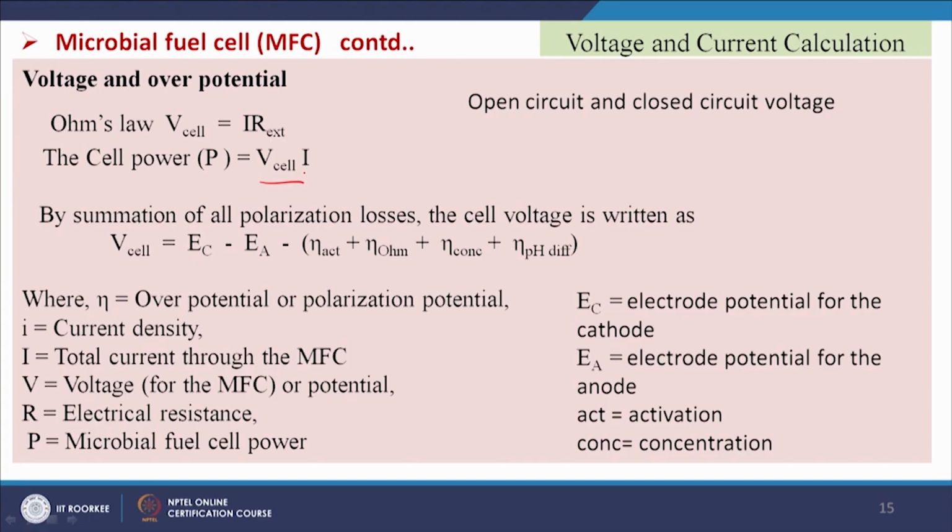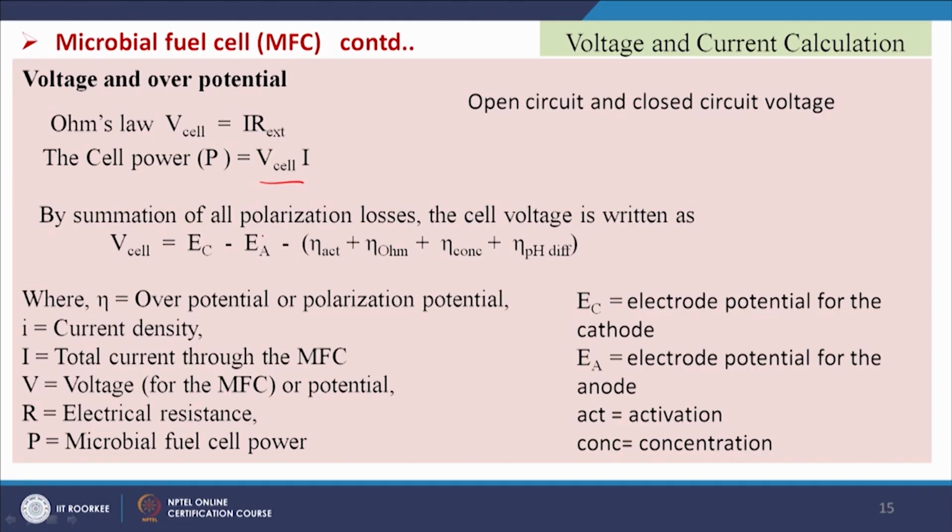When the MFC is not connected with the external circuit, there will be some potential difference between anode and cathode, that is the open circuit voltage. But when we connect it with some external circuit, electrons will continuously flow and the effective voltage we get is called the closed circuit voltage. So, this open circuit voltage is always greater than the closed circuit voltage.